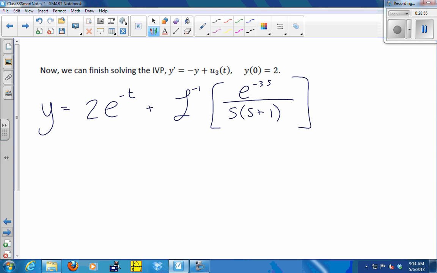And that second inverse Laplace transform we didn't know how to do. But now we can look at that and say that looks very much like the Laplace transform of a horizontal shift of e to the negative t, which we know how to do. But it's not quite right because my denominator isn't just s plus 1, it's s times s plus 1.